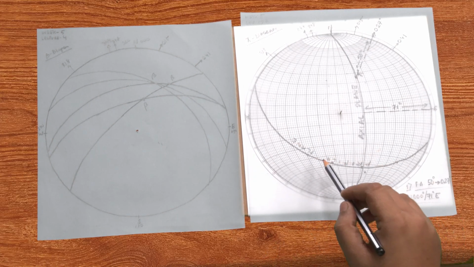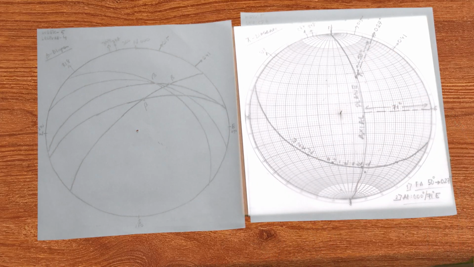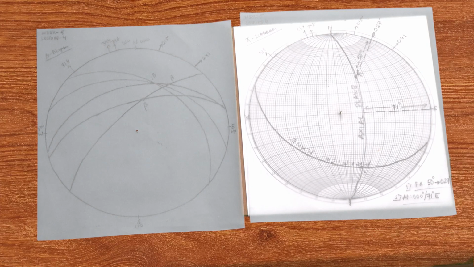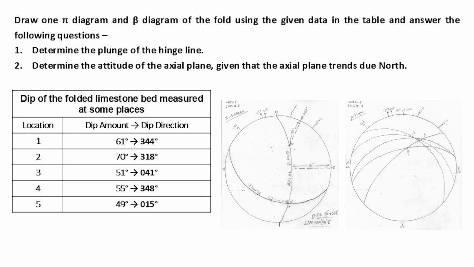So, from the profile plane we have calculated the fold axis, and accordingly we have also classified the fold, that this fold is a steeply plunging and also steeply inclined fold in nature. So, that is the extra edge that you can get out of a pi diagram instead of a beta diagram.